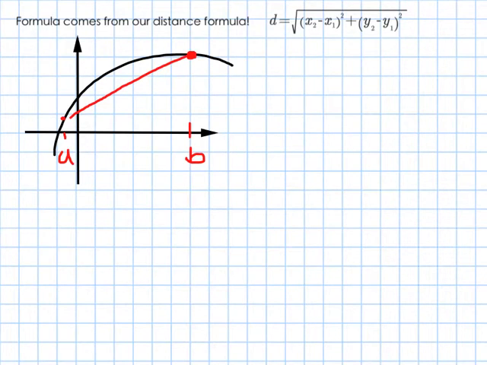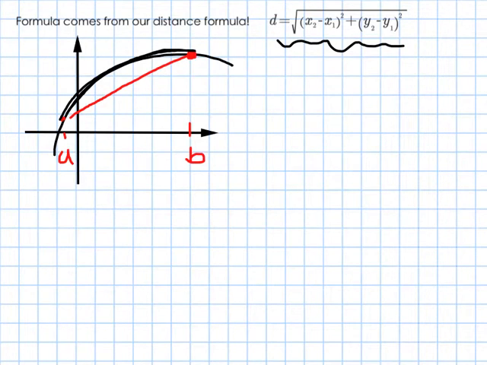If I find the length of that red line, let's pretend that it actually connects those 2 points, it'll be an estimation of the actual length along the curve, which would be this length over here. So that red segment is an approximation to the actual arc length. It's not a great approximation, but it's a decent approximation, and I would find the length using this distance formula.